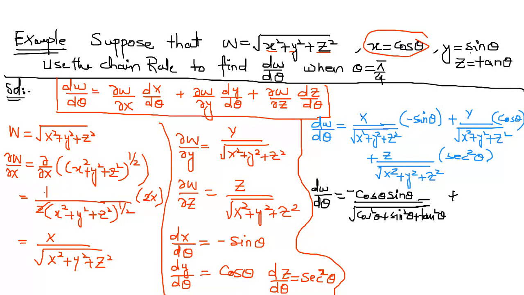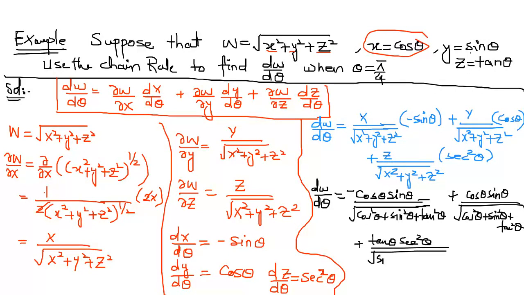So you can also write cosine of theta into sine of theta divided by square root of cosine square theta plus sine square theta plus tangent square theta, and plus z, which is tangent of theta, multiplied by secant square theta divided by cosine square theta plus sine square theta plus tangent square theta.